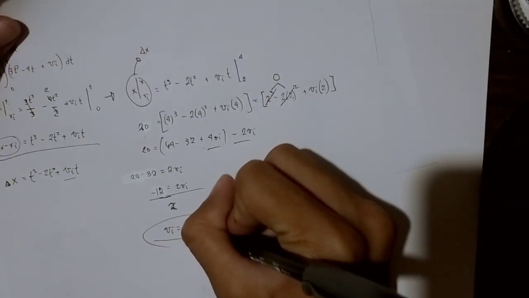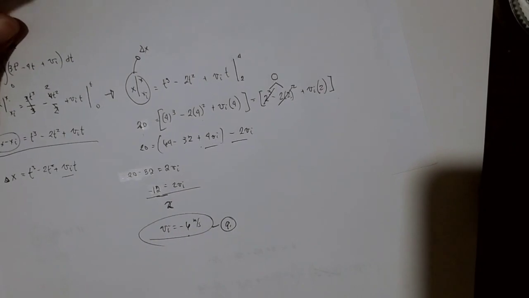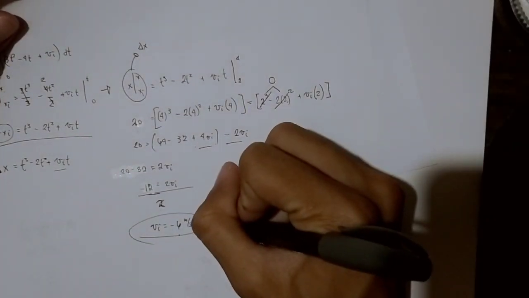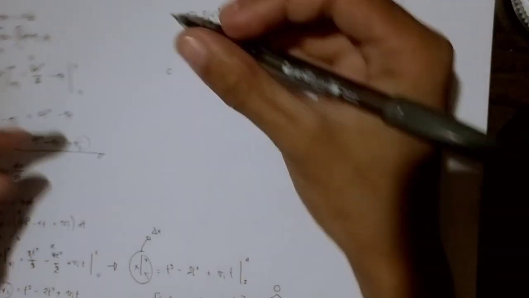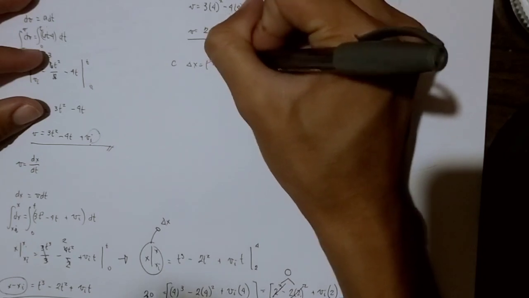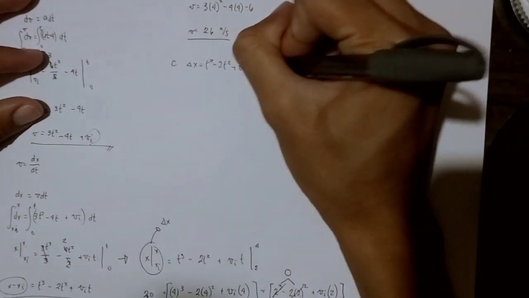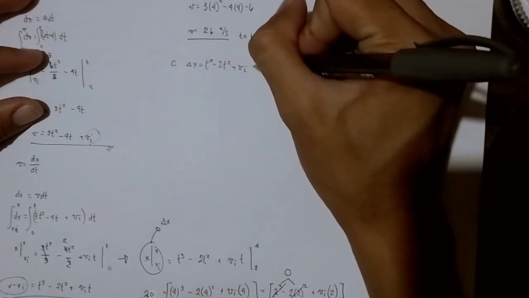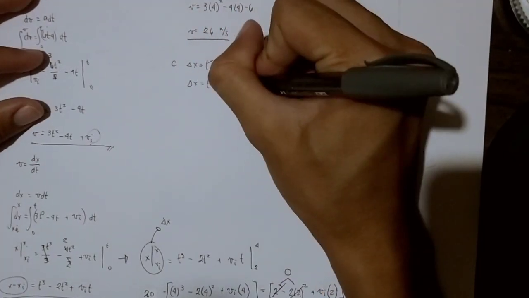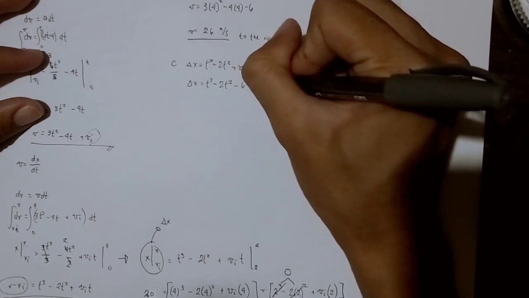By the way, this is meters per second, so the velocity is to the left. And then we have change of x is equal to t cubed minus 2t squared minus 6t.